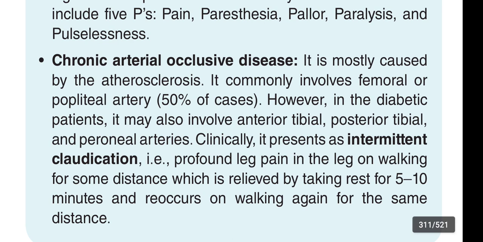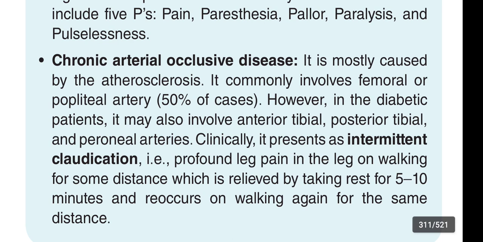Once again, chronic arterial occlusive disease is mostly caused by atherosclerosis. It commonly involves the femoral or popliteal artery in 50% of cases. However, in diabetic patients, it may also involve the anterior tibial, posterior tibial and peroneal arteries.